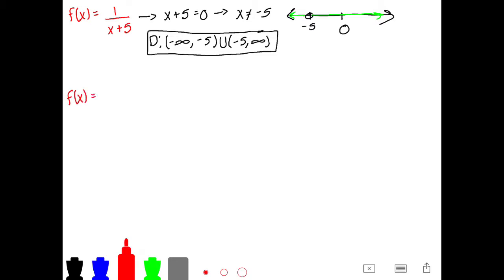For the next problem, we have f of x equals 8 over x minus 2, and then x plus 1.